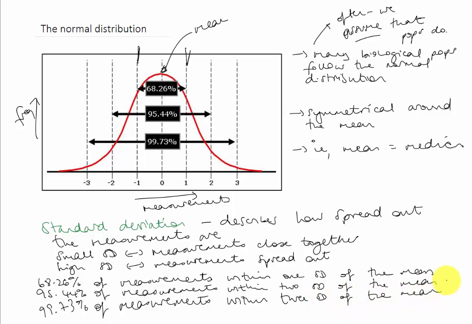Okay, so in a normally distributed population, we've got this nice, we call it a bell curve, so a nice even distribution of measurements around the mean, and we can predict how many samples are going to be within 1, 2 or 3 and so on standard deviations of the mean, because that's been worked out for us. And I'm going to show you in the next video how to calculate this standard deviation value.